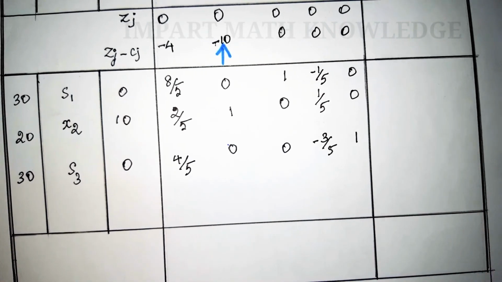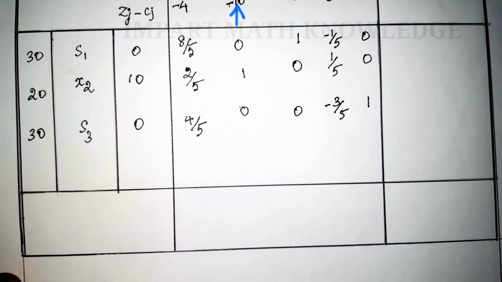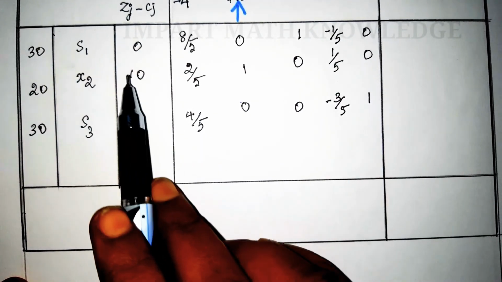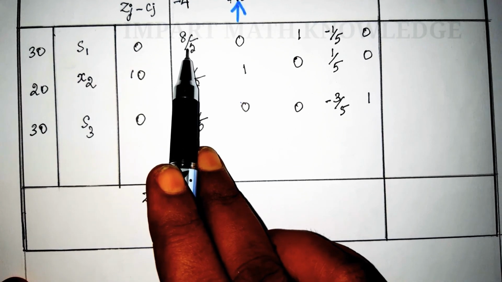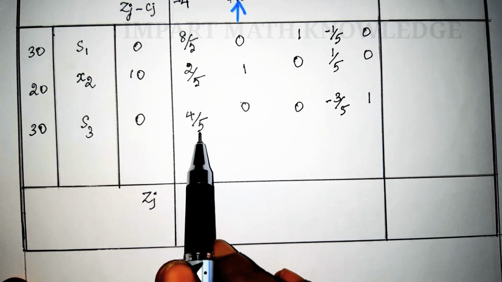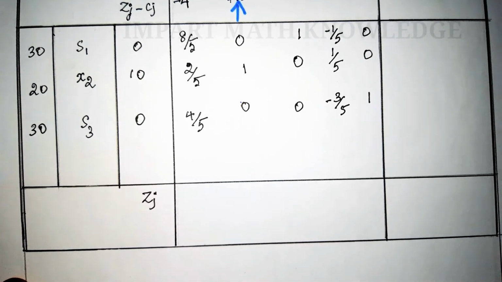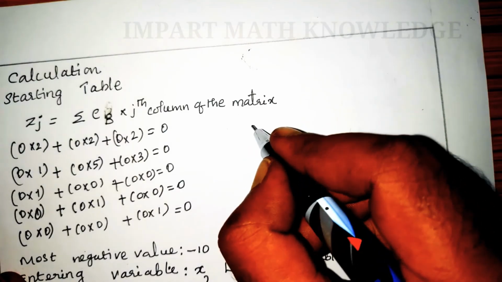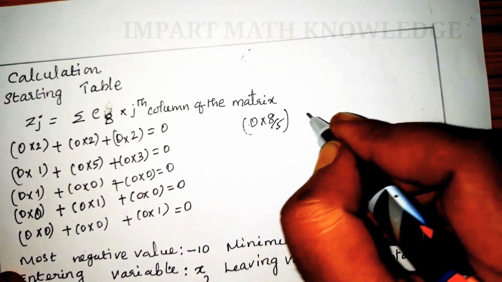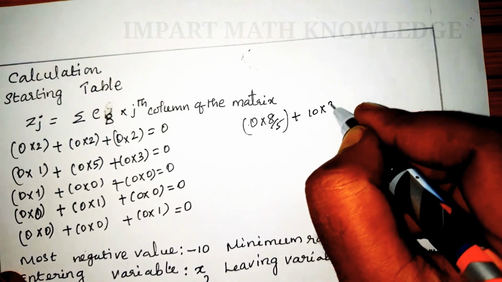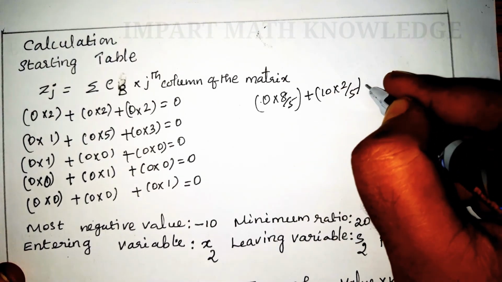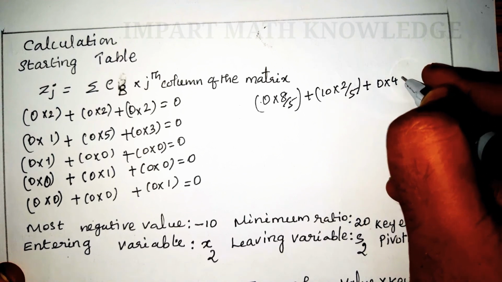After finding these values, you have to find Zj in the usual manner. Zj is nothing but 0 into 8 by 5 plus 10 into 2 by 5 plus 0 into 4 by 5.